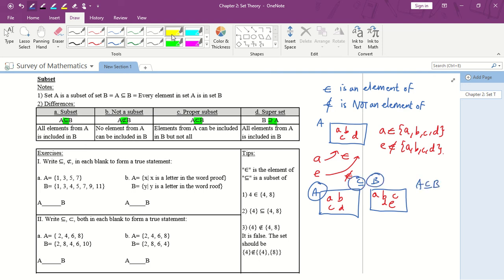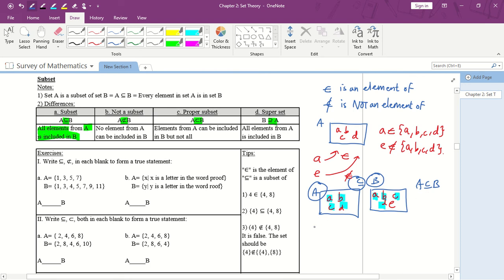Because the definition says that all elements from A are also in B. Look here: A, B, C, and D. So all elements from A are in B, which means that A is a subset of B.